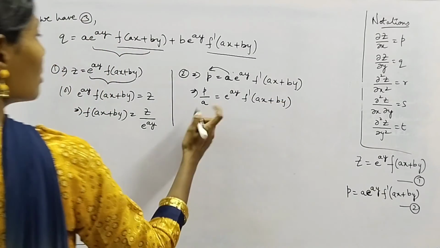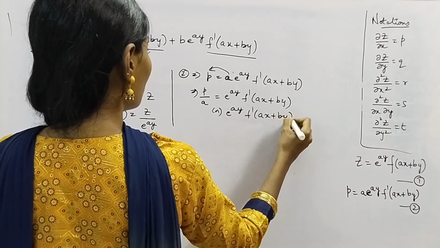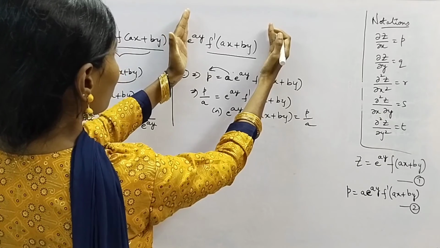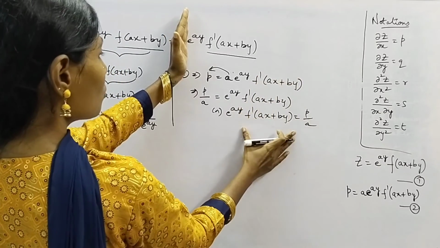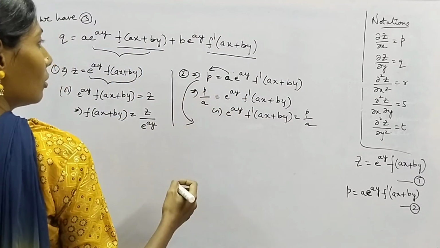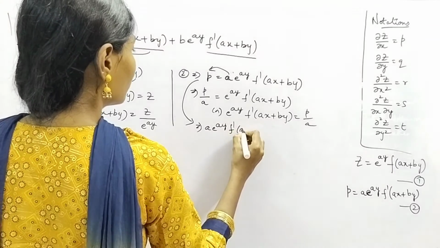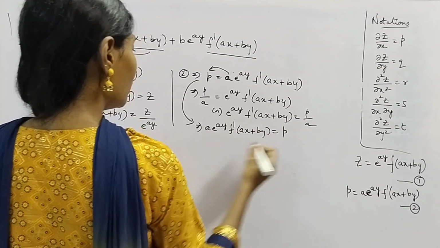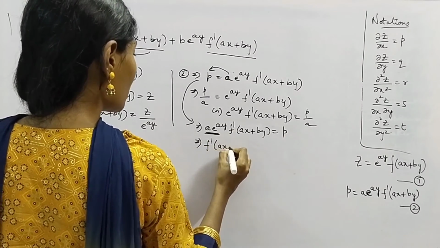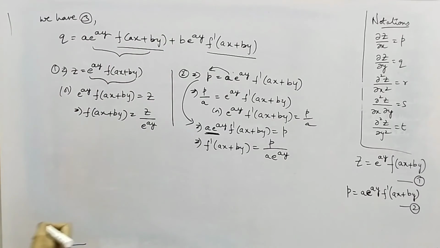Or if you want to replace only f dash of ax plus by, just take this to RHS, we get f dash of ax plus by equal to p by a into e power ay. Okay, fine.